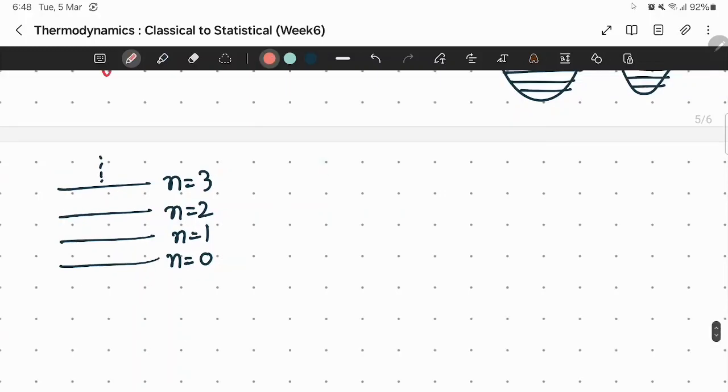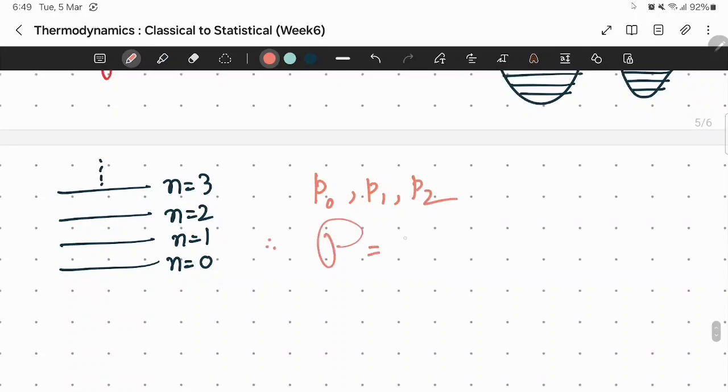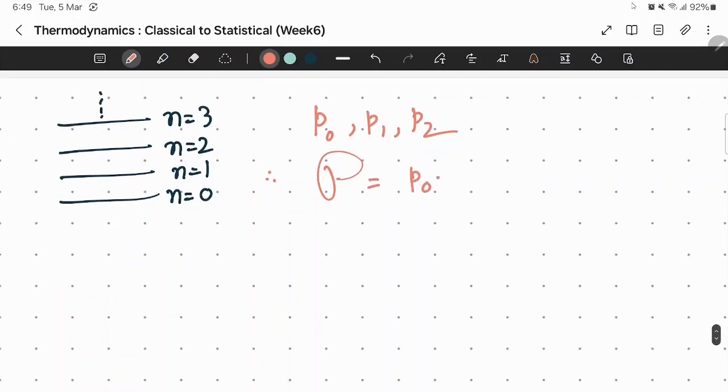Okay, but for occupying the first three levels, we know the probabilities. It's a very trivial question, but we have to understand the basic thing. P0, P1, P2 all are given. So what will be the total probability P? It should be the sum over all probabilities. Why? Because for any ith state, the probability will be the number of particles in the ith state divided by the total number of particles.